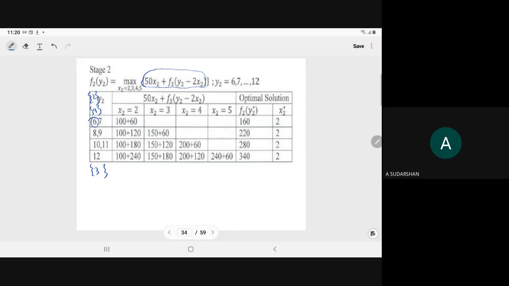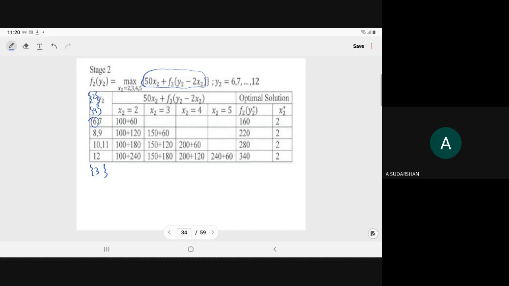You cannot write the space from 0, 1, 2, 3, 4, 5, because in that you cannot fulfill the minimum criteria. So you have to start y3 from 6 and stop at 12. Because the unit weight is 2, when we have the space of 6 or 7, you can allocate minimum 2.